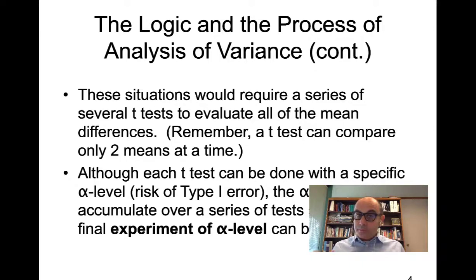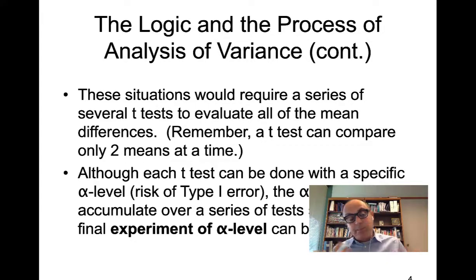So again, the logic and process of ANOVA: the t-test evaluates the mean differences, and with ANOVA we are trying to see more than two or three means in order to avoid the type 1 error and to have an alpha level for the final experiment that is not quite large.